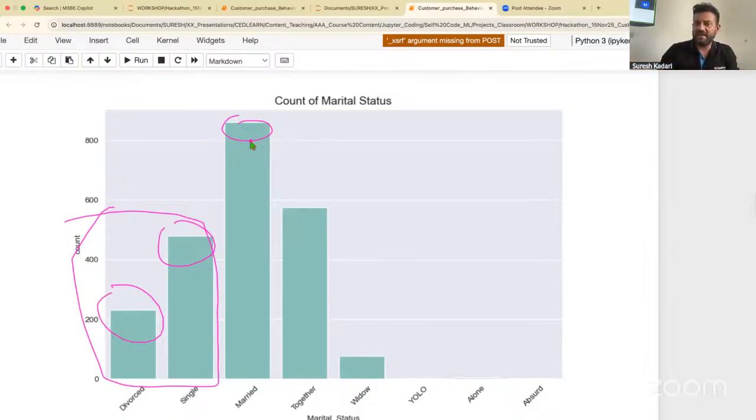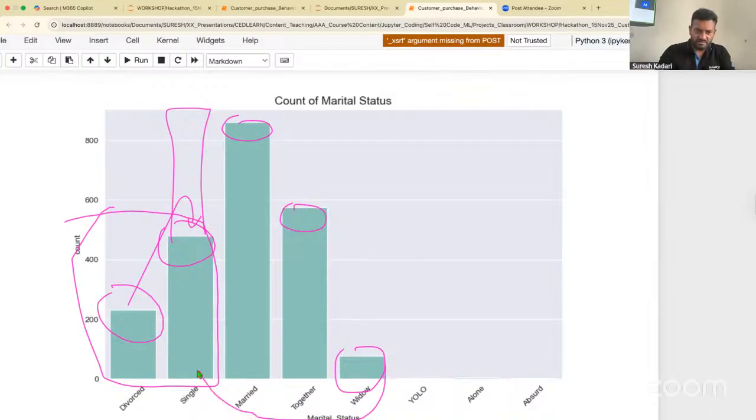But here, married, so both put together will be more than married. Okay, together, living kind of thing. And widow, this is also there. So most of them are single.